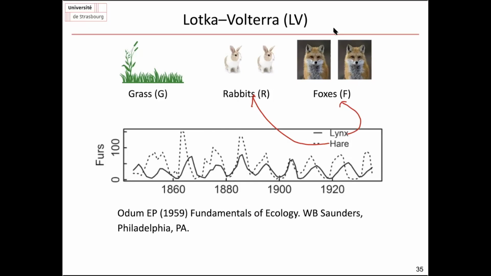And you can see that there is also the offset, right? We have first an increase of hares, so the prey, followed by the predator increase the year after. So we can really see that there is this kind of population dynamics, which was already captured by the Lotka-Volterra model.